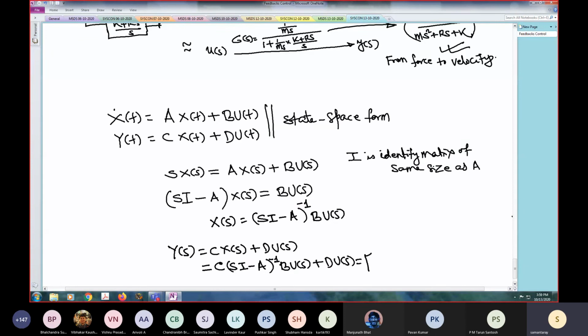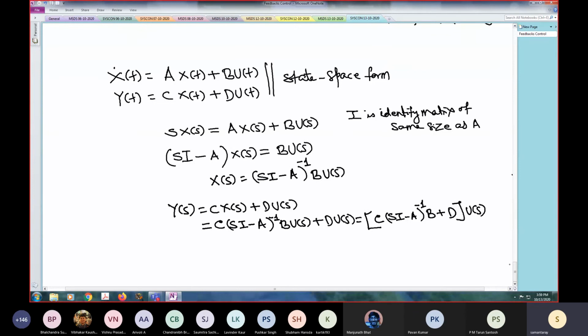That is equal to C times SI minus A inverse B plus D, times Us. That is what we get. Now what? Ys by Us.